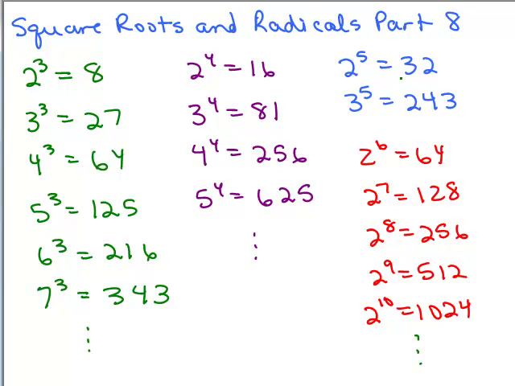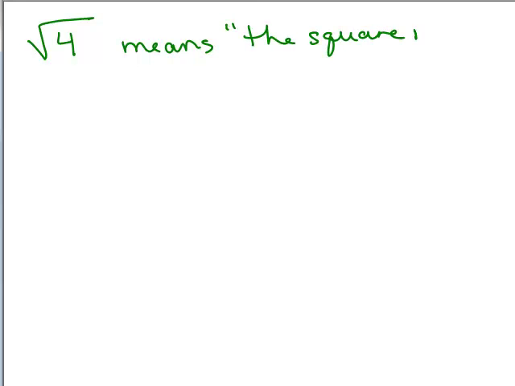And now we use a radical sign a little bit differently. When we write this symbol, we think of this as the square root of 4.